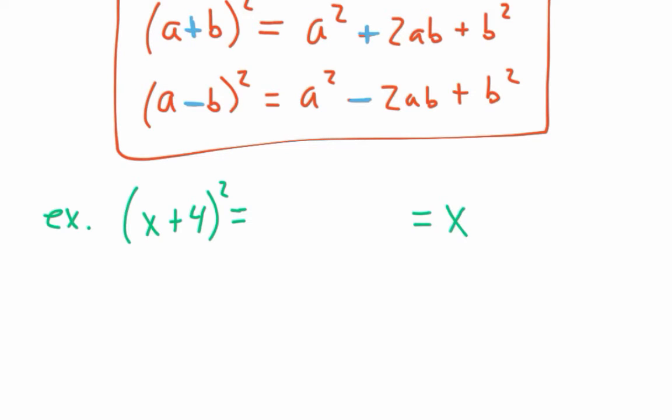So my first term is going to be x squared. My middle term is going to be a plus, and then 2 times a times b. Would you agree a is like my x value, b is like my 4 value? So it's plus 2 times x times 4, which gives you 2 times 4 times x. So you end up getting a plus 8x.